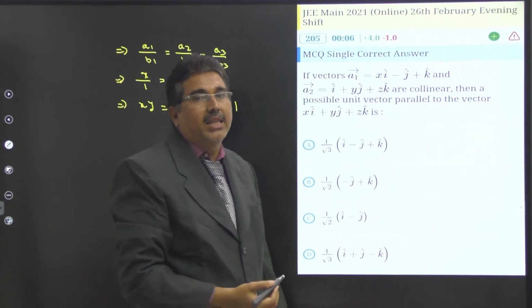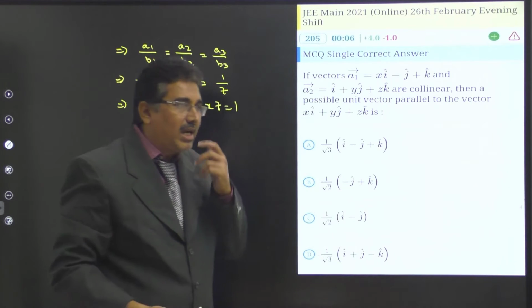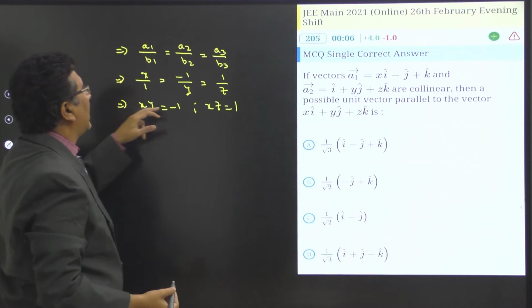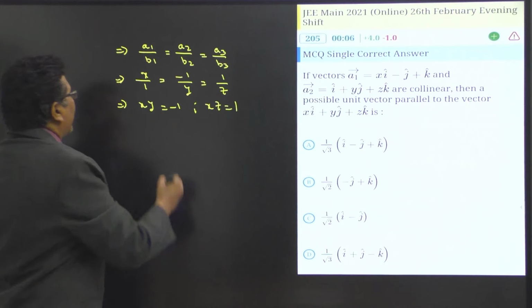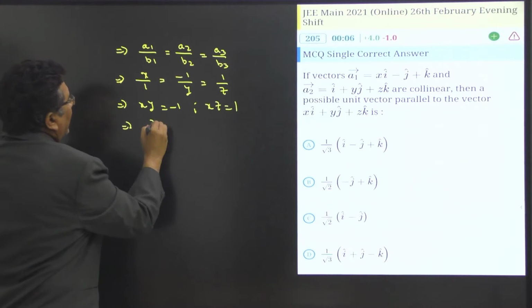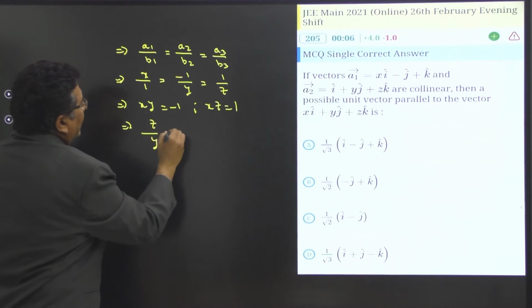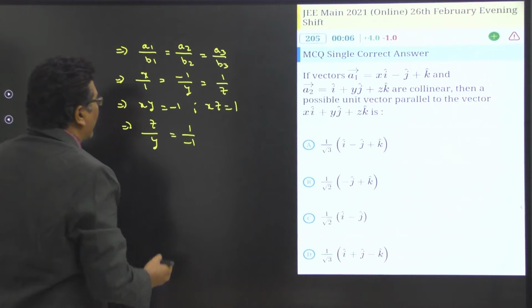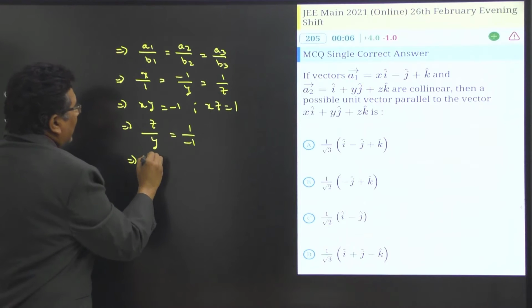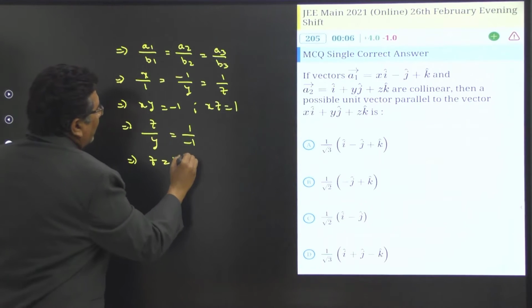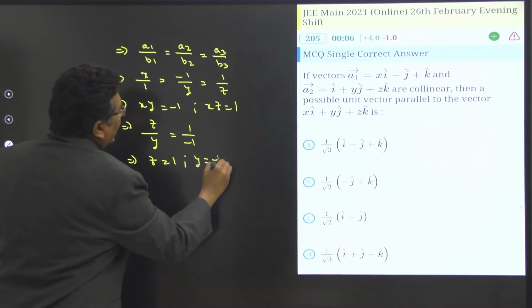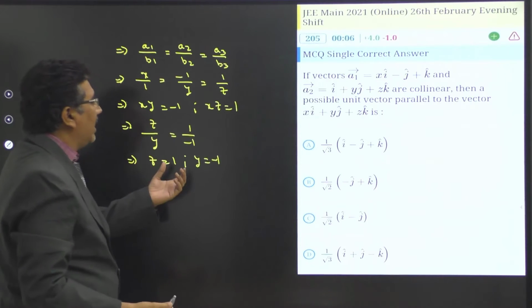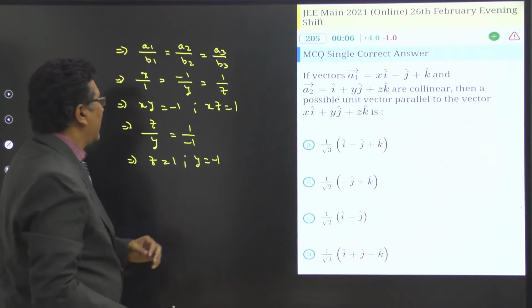Now how to find the values of x, y and z? Dividing this equation by this equation, that implies z by y is equal to 1 by minus 1. That implies z is equal to 1, y is equal to minus 1, or z may be k, y is equal to minus k.